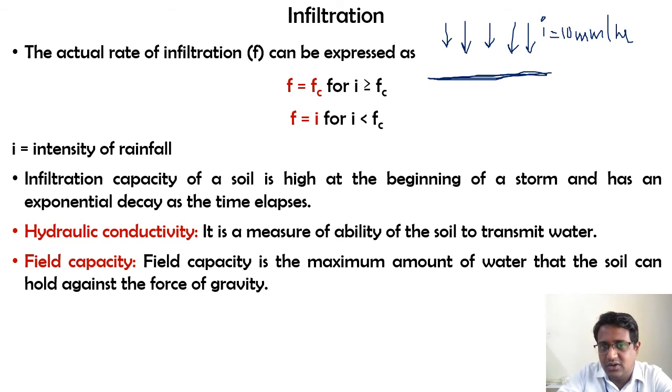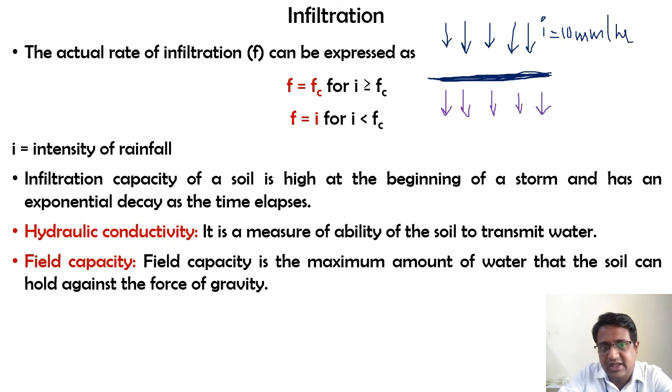Okay, so after that, the basic concept I have explained is, here we are going to get, if I take a different color over here, this infiltration that is going to occur depends on your soil.